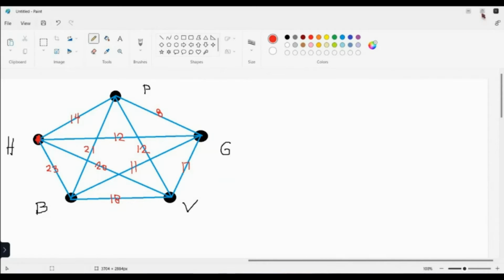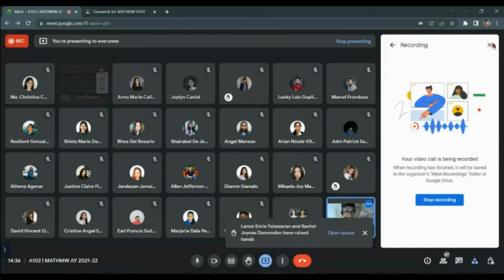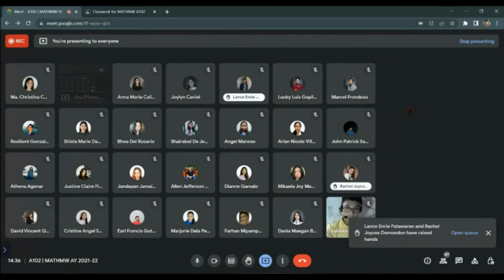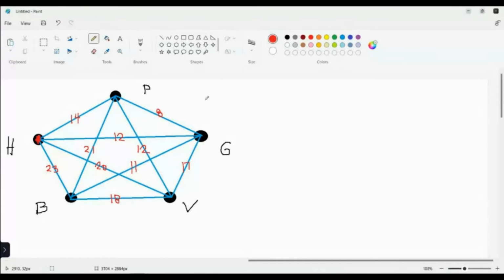Now, I want you to identify into which location it allows Susan to travel the shortest time. Going to post office, grocery, video rental, or to the bank. Yes, Lance. To the grocery, sir. Going to the grocery.